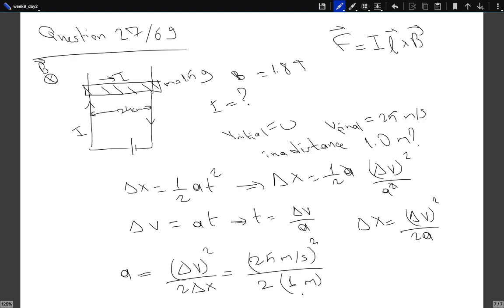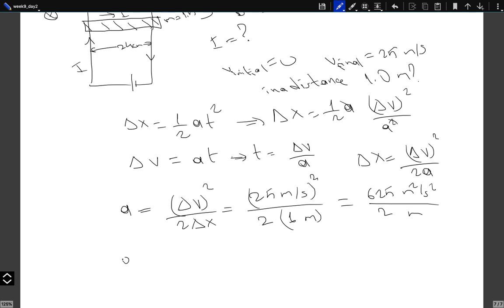I strongly advise you to keep the units whenever you are solving a question, even in your mid steps. Quite often you just write the numbers, and at the end of the calculation, just add the unit. Well, let's see, what is 25 squared? 625 meters squared per second squared divided by 2 meters.